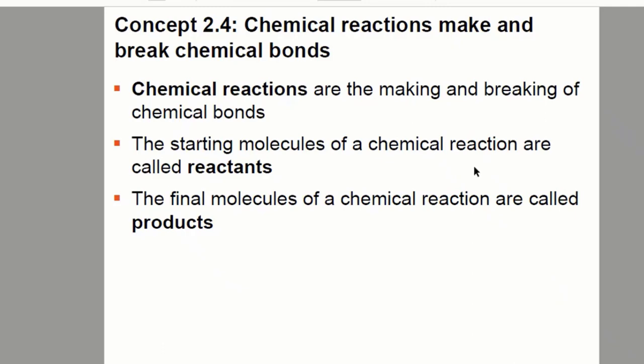The starting molecules of a chemical reaction are called reactants, and the end molecules of a chemical reaction are called products. This is self-explanatory: there is a starting material, and there is a final product which is made.